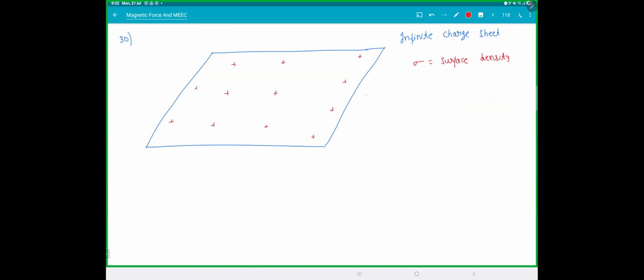And this whole sheet is moving with speed v. You kept a block here of mass m. Gravity is there. Find the normal reaction.